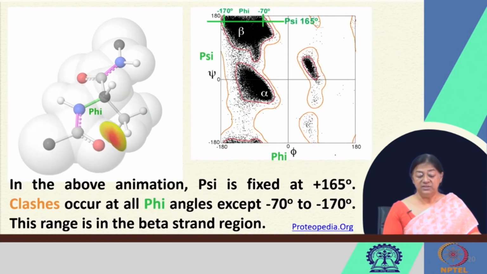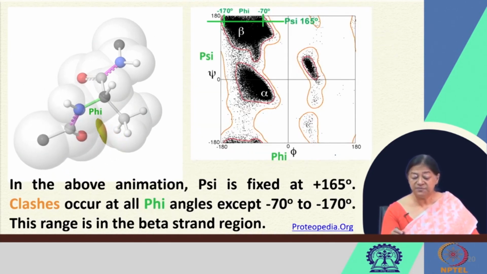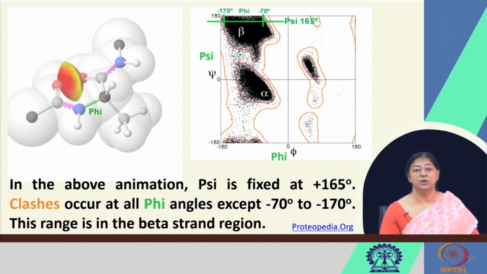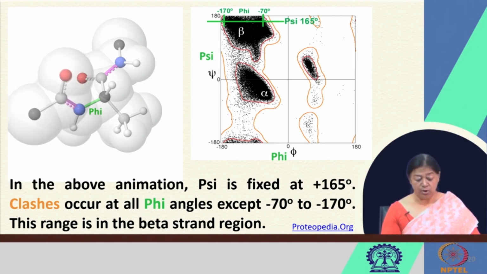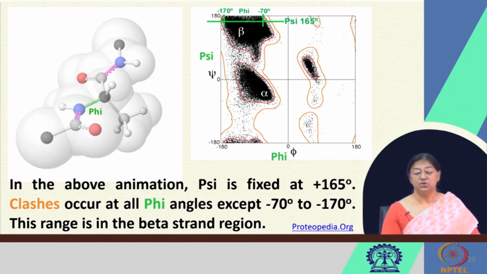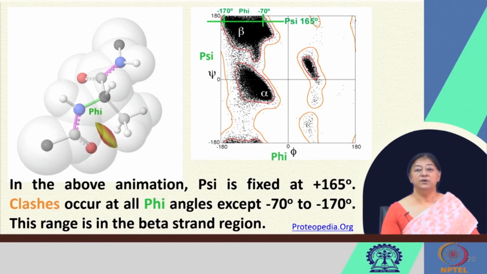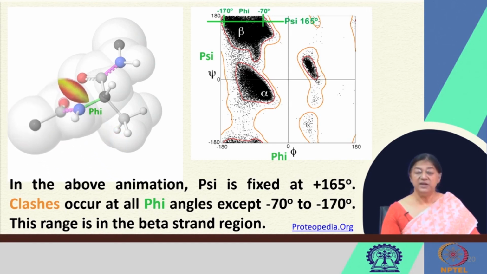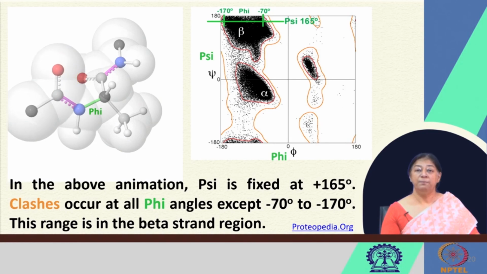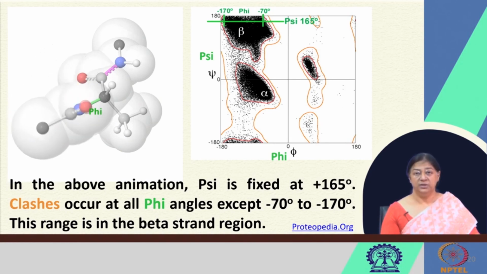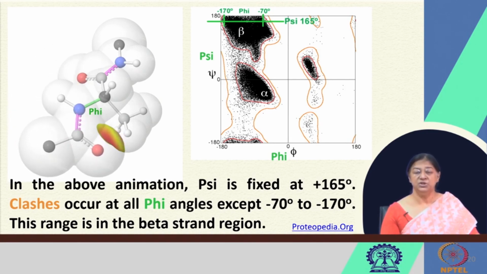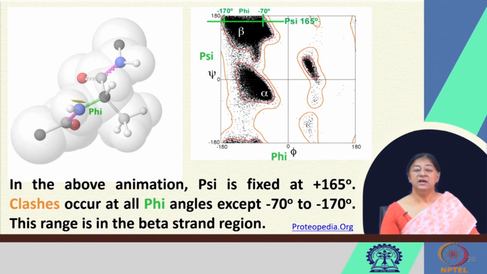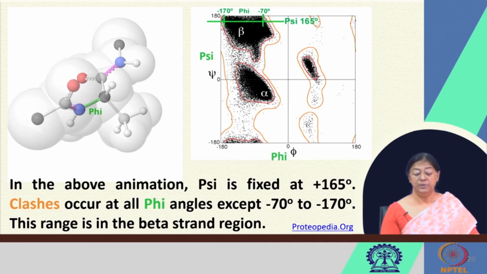So, the phi psi interactions again give us specific regions of the Ramachandran plot that can be occupied, where clashes will occur for other possibilities. This is a very important feature of the backbone of the protein structures, and this allows only specific orientations to be possible.